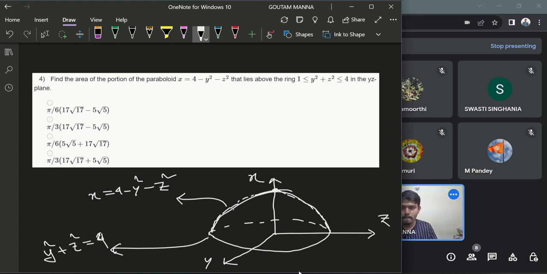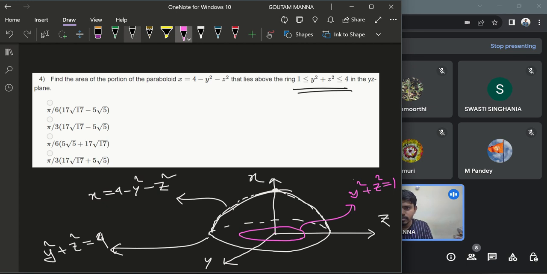Okay, and this ring is bounded by y square plus z square less than 4 and y square plus z square greater than 1. So that means, if this is y square plus z square equals 1, a circle of radius 1, then the ring will be this.